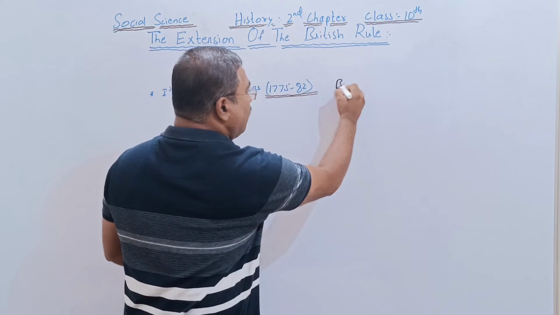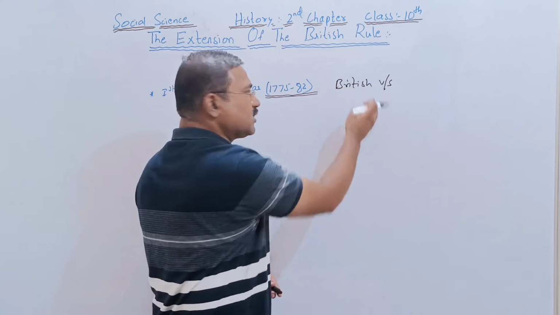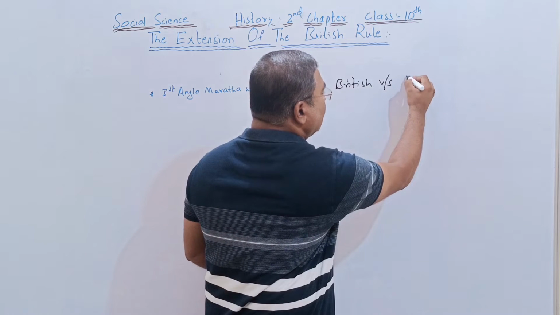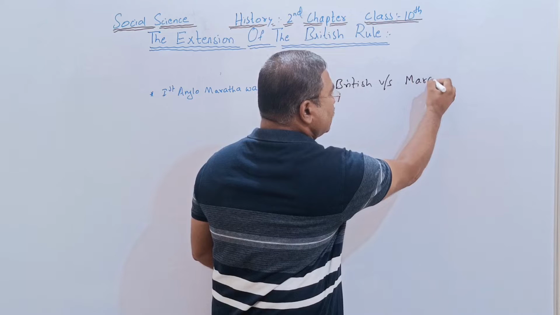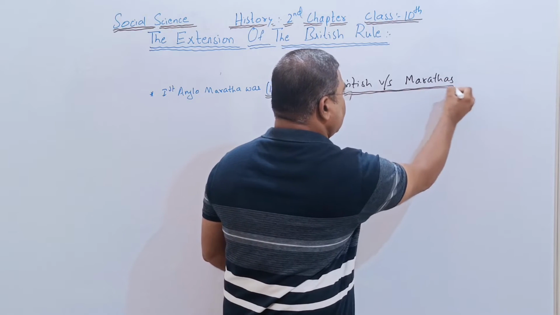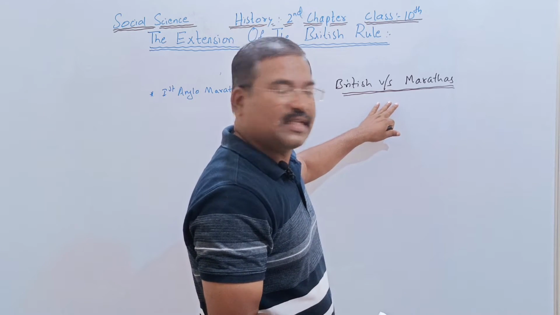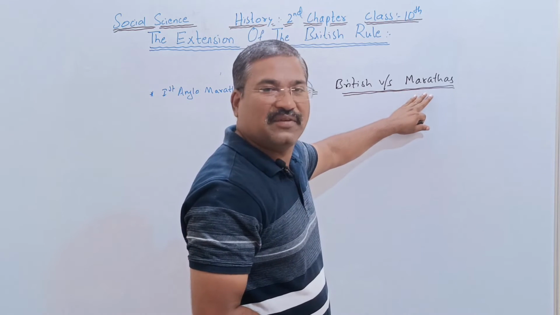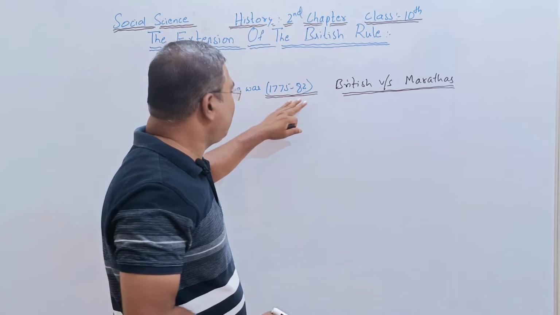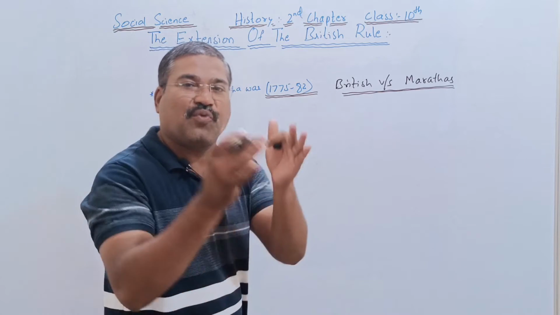Between the British and the Marathas. It's not a World Cup, man, but it was like that, we can say, right? It's between the British and the Marathas, during 1775 to 1782. Now, how did this war begin?